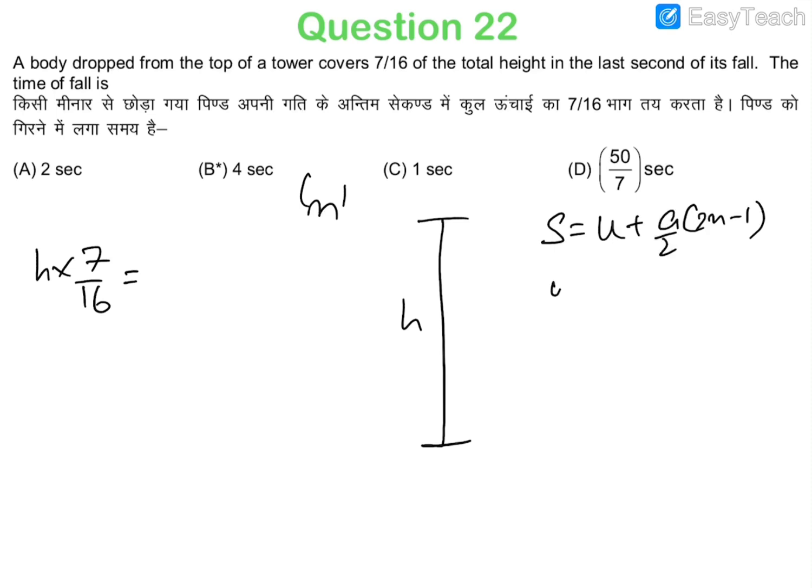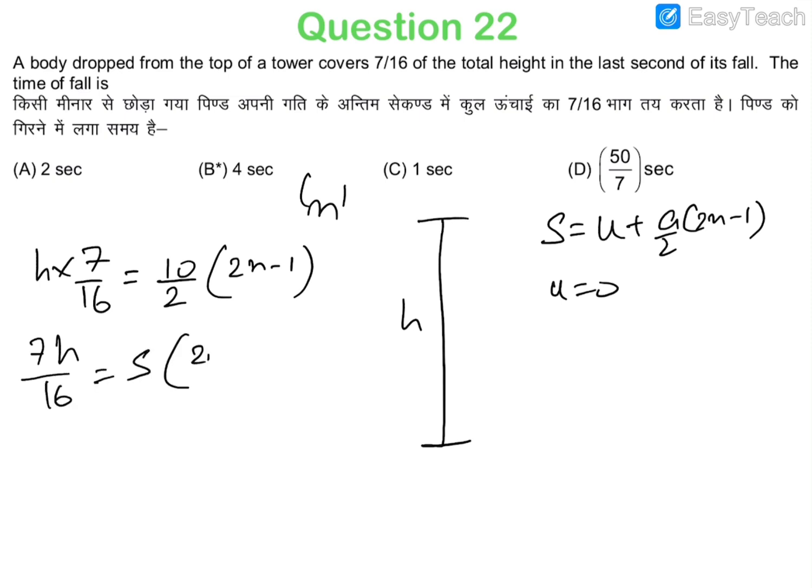Now u in this case is 0, so this would be just s is equal to a by 2, which is g by 2 into 2n minus 1. So 7h by 16 will be 5 into 2n minus 1, and 2n minus 1 will be equal to 7h by 80, and this is the equation.